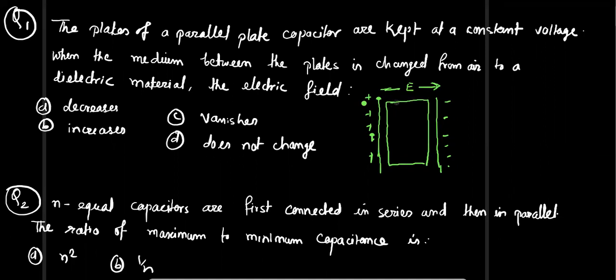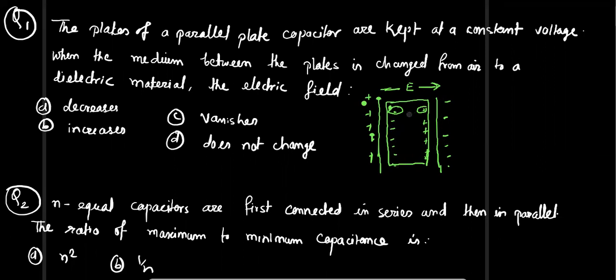Due to the presence of the electric field, the molecules of the dielectric material develop a dipole moment, which means the face nearer to the positive plate gets negative charge, and the face near the negative plate gets positive charge.